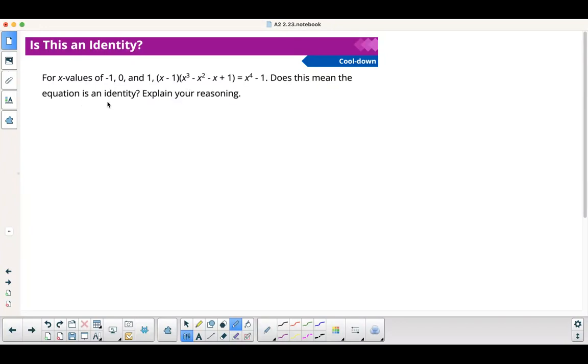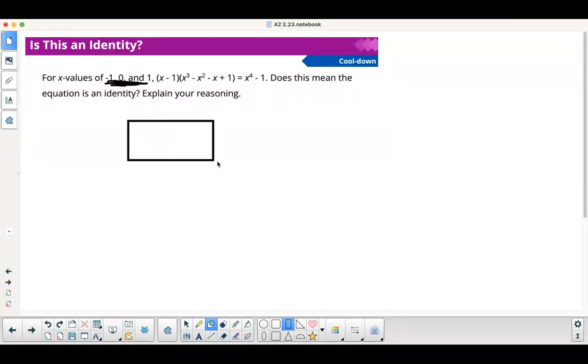Does this mean the equation is an identity? Explain your reasoning. Does that alone mean it's an identity? No, it means it only works for those values. Now, we can't plug in every number in the world, but we could make a box and multiply this out and see if I get that.